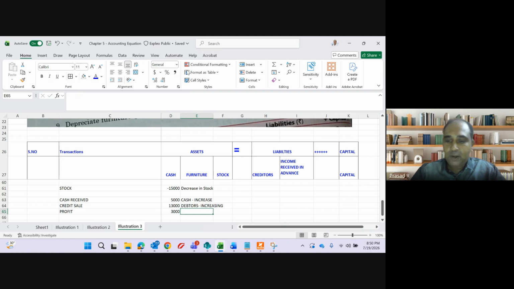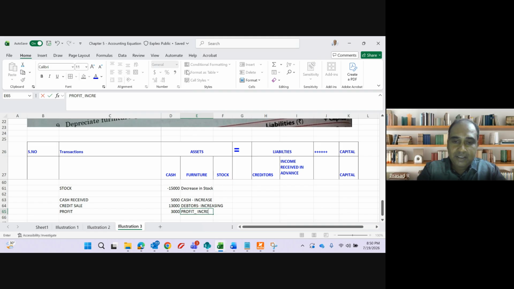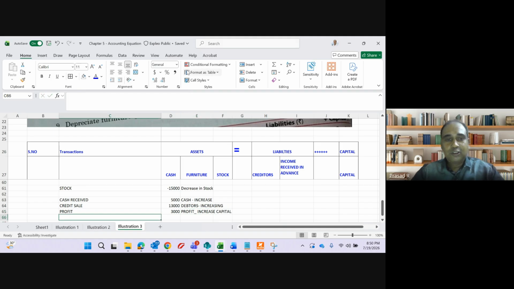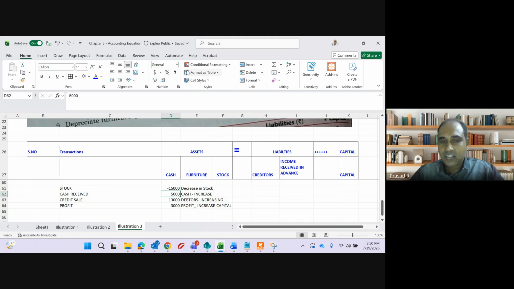Profit will increase my capital. So 4 places I have to make an impact. I have to reduce stock by 15,000, increase cash by 5,000, increase my debtors by 13,000, and increase my profit by 3,000.